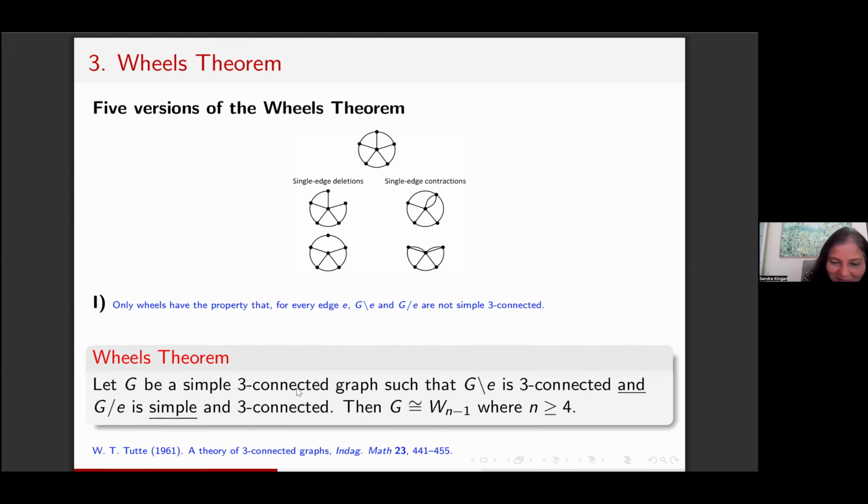Let G be a simple 3 connected graph. Then, well, the blue statement is the correct one. For every edge E, G delete E and G contract E are not simple and 3 connected, okay? So that's the blue statement. Take the blue statement. I think there's something wrong in the way I wrote the first version.